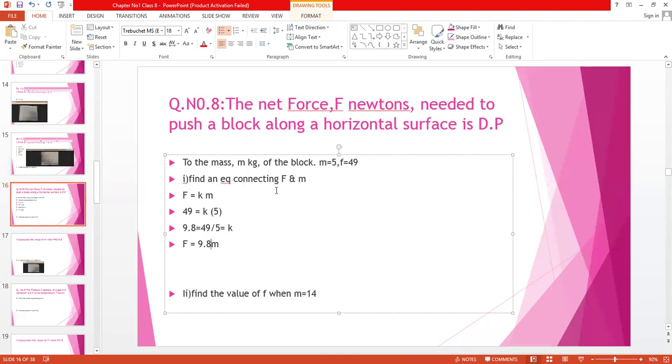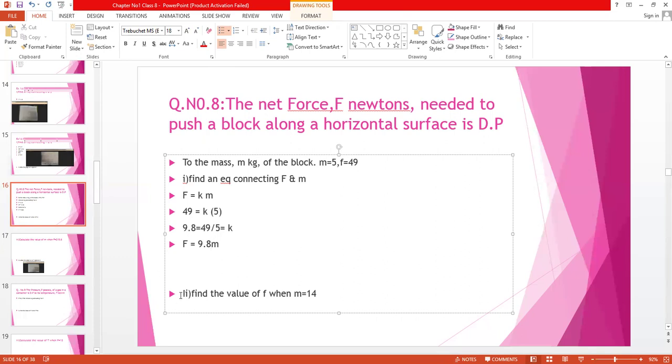Find an equation connecting them. Always remember, the variables are connected with this letter K. Because this K shows the change. That change shows that when one quantity increases, the other also increases, or when one decreases, the other also decreases. That change is 9.8 times multiplying on the right side, and 9.8 times dividing on the left side.